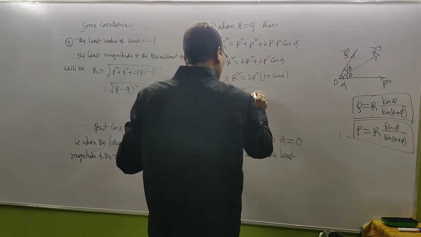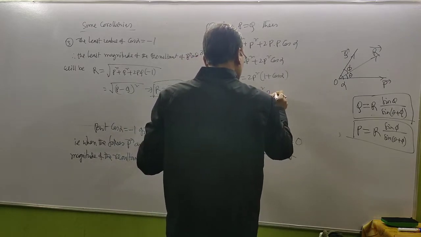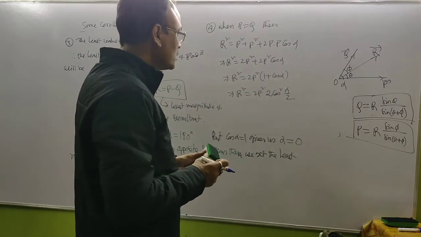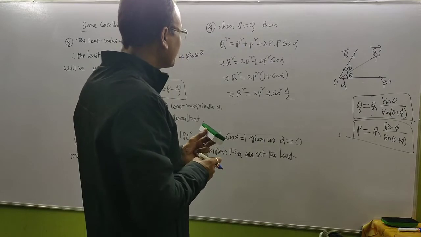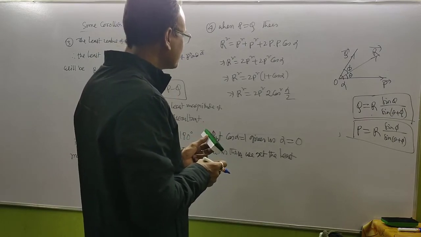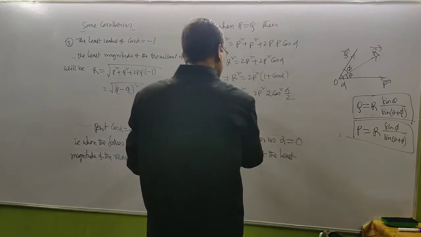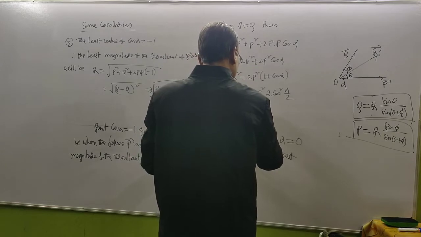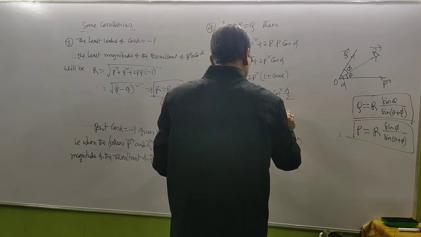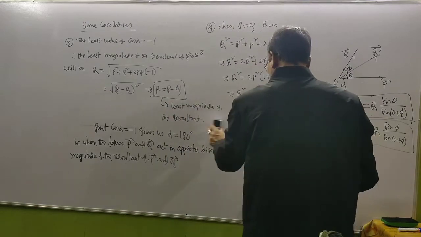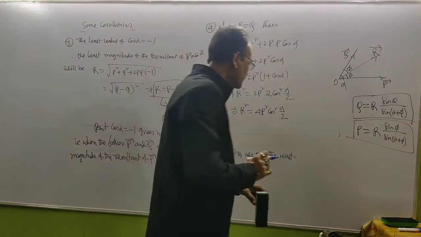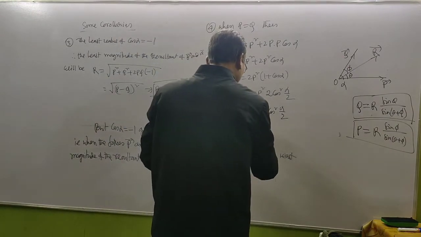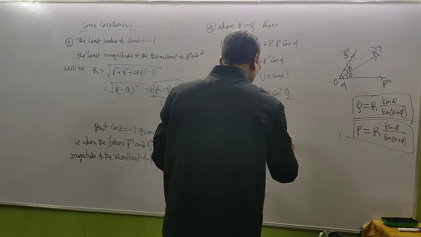This means r square is equal to twice p square into twice cos square alpha by 2. You may write it like this also: r square is equal to 4p square cos square alpha by 2, or you may write r is equal to twice p cos alpha by 2.